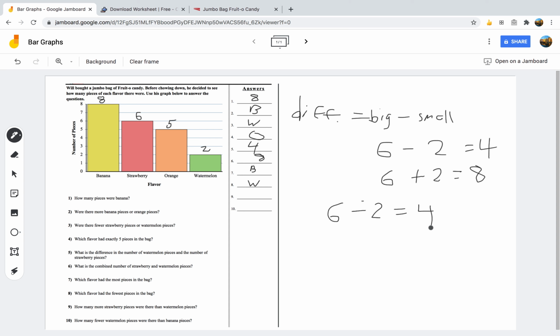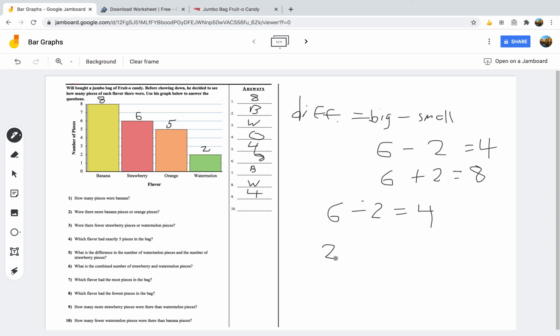That means 6 is 4 greater than 2, right? That makes sense? So there's 4 more strawberry pieces than watermelon pieces. So it's the same question as number 5. They just worded it differently: number 5 is like the mathematical context, and number 9 is like a real world context.